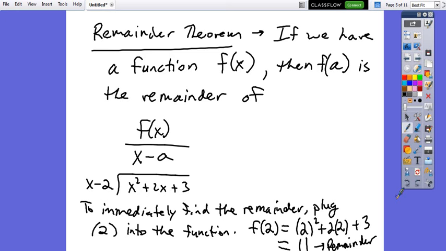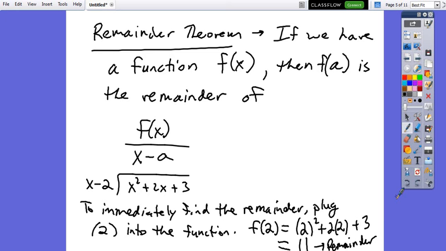So if we were to do long division, for example, x squared plus 2x plus 3 divided by x minus 2, we could save ourselves a whole lot of time by using the remainder theorem. The remainder theorem says that the remainder is just the opposite of whatever's in the expression that we're dividing by. Plug that number into the function to get f of a, and you have just found the remainder.